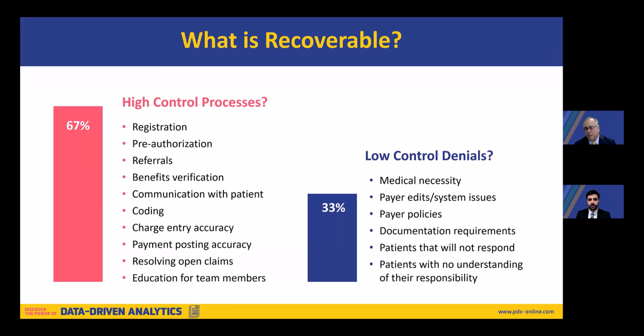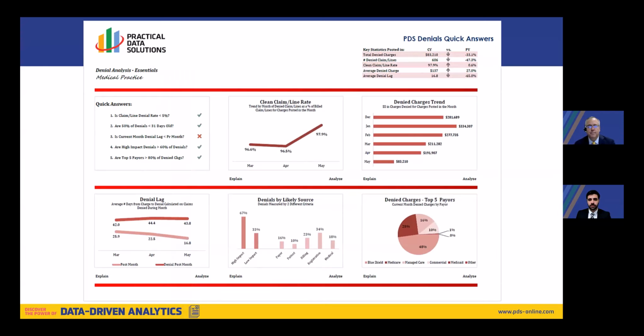Low control is obviously things like payer policies or service not covered, or maybe patients not giving us the information we need, which may be more of a challenge to correct. So being able to categorize denials, we really can focus on what we have more control over, what we can better impact, versus maybe low control that we just have to try to manage with what we have to work with if we don't have as much impact on it.